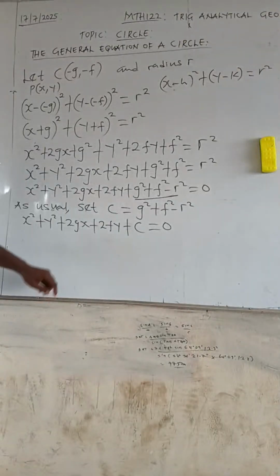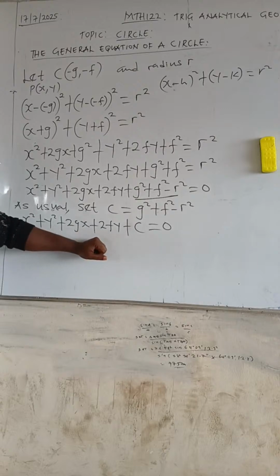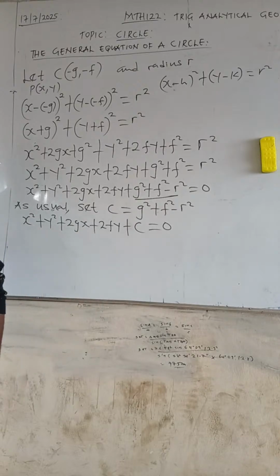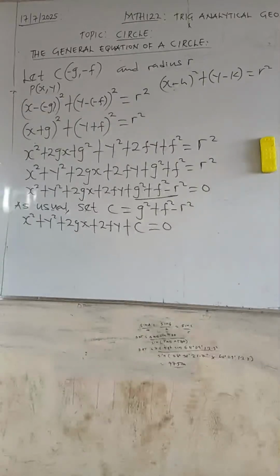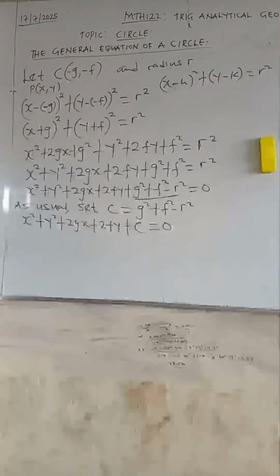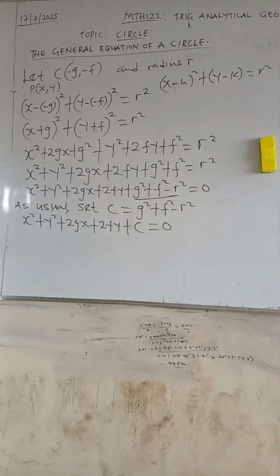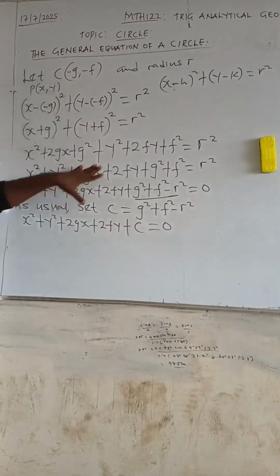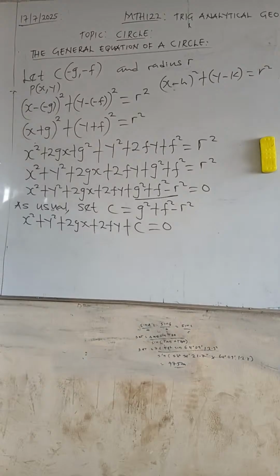Your general equation of a circle is this. Do you understand? The last one is the general equation of the circle. But if I say prove, that is when I need all this with the help of the diagram.